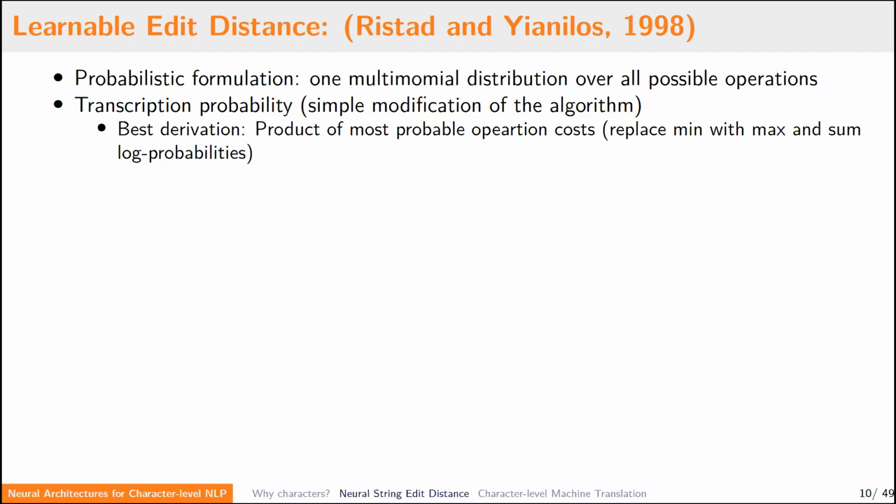And using the same algorithm, we can get the best derivation, the best sequence of operations that can transcribe one string into another, by just replacing the minimum with maximum, because we are no longer interested in the minimum cost, but in the maximum probability, summing the log probabilities. And we can also get the sum of probabilities of all derivations by just replacing the maximum with a summation. And this is important for the actual learning.